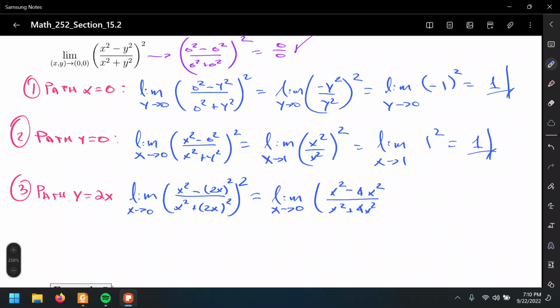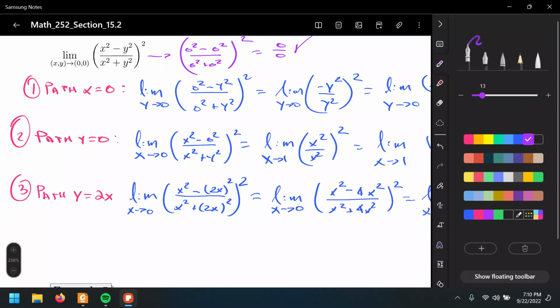As x approaches 0, we can combine like terms both in the numerator and the denominator. So this will be x squared minus 4x squared, that's negative 3x squared, quantity squared over 5x squared as x approaches 0.